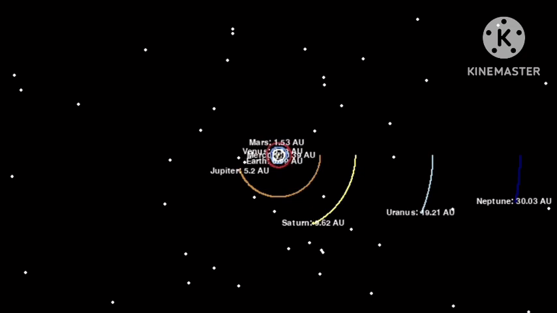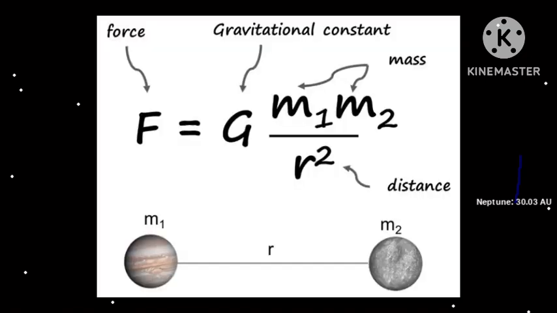In our simulation, we calculate the gravitational force between each pair of planets using the formula F equals G times m1 times m2 divided by r squared, where F is the gravitational force, G is the gravitational constant 6.022 into 10 to the power of minus 23, and m1 and m2 are the masses of the two bodies, while r is the distance between them.